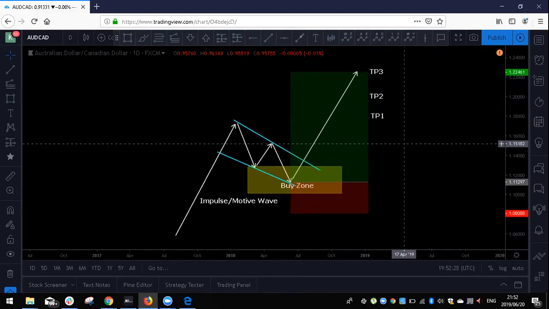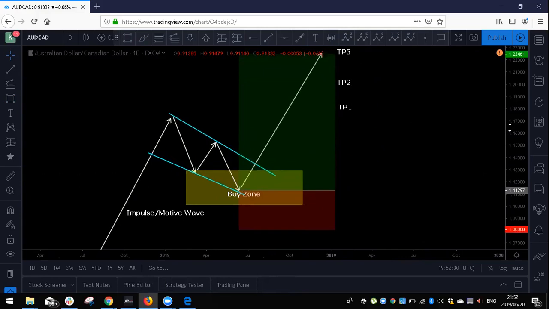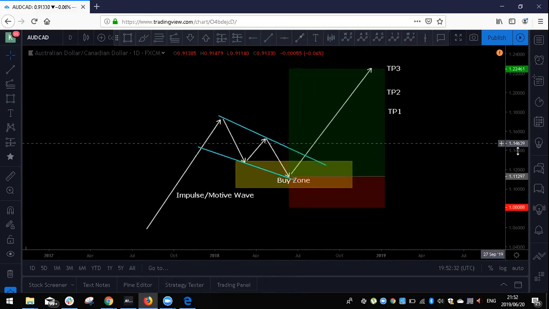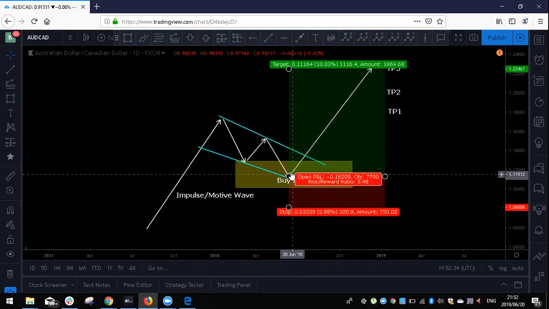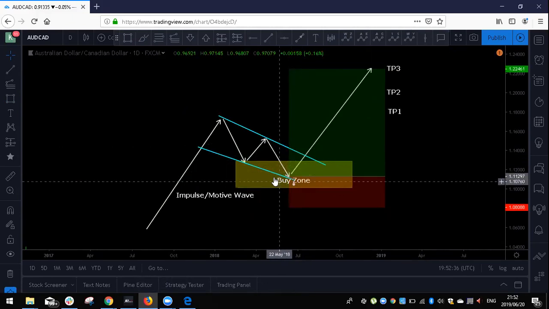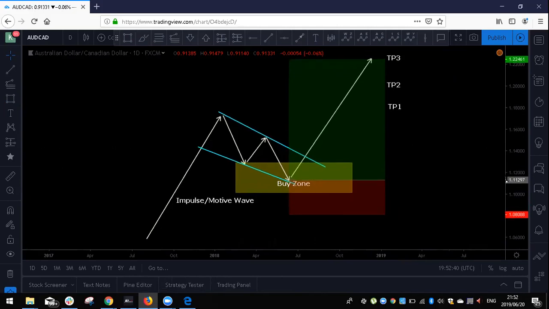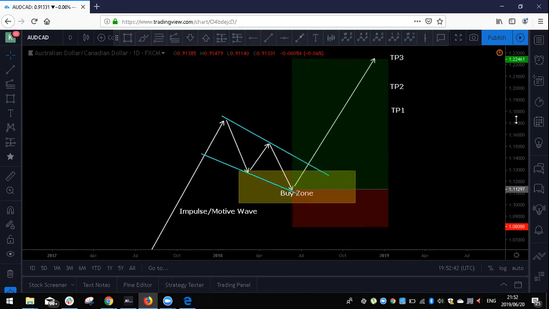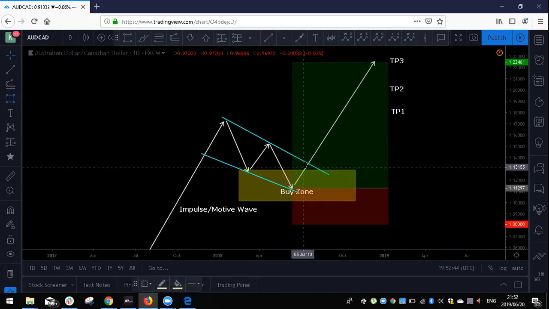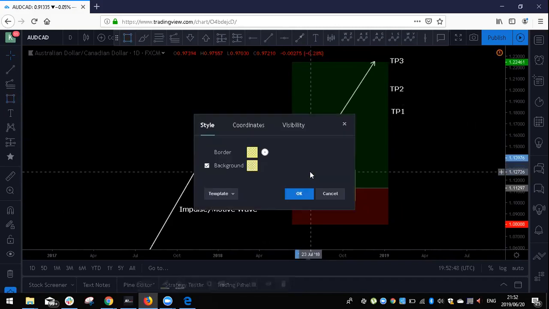Okay, and then there's a trick of getting an early entry, because you wouldn't know if price is gonna reverse for sure in there. That is where I look for a trend line breakout, because all my entries are based on breakouts.